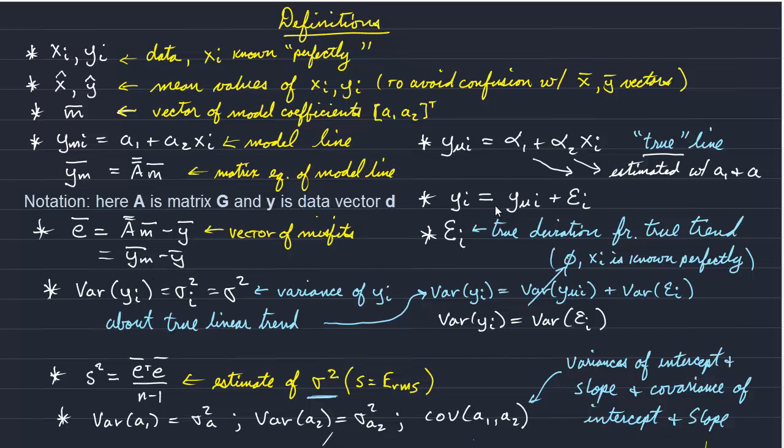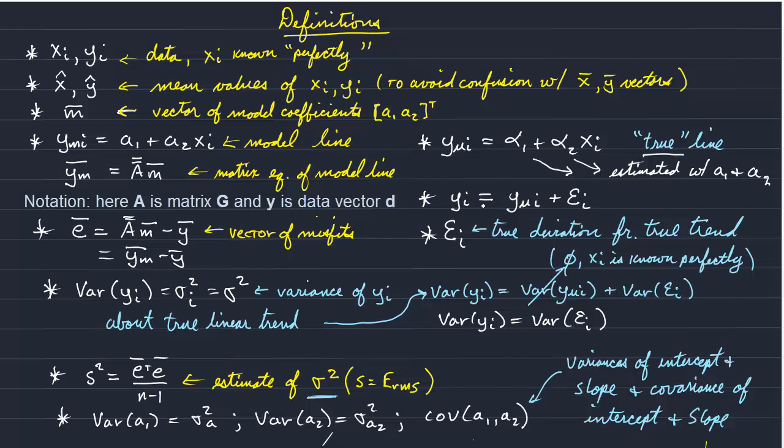The model line is contrasted with the true linear trend that influences our data, and the parameters there are alpha 1 and alpha 2. Again, those are estimated by a1 and a2.